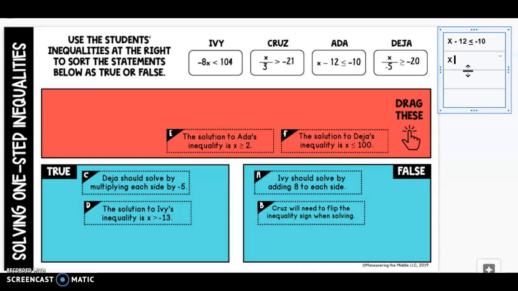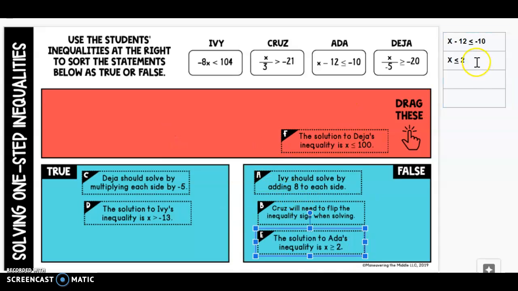So I have x is less than or equal to -10 plus 12 is 2. I am not flipping my sign because I'm not multiplying or dividing my variable by a negative number. I'm actually just subtracting 12. So my answer is x is less than or equal to 2. So they say the solution is x is greater than or equal to 2. That is incorrect. Okay, so let's go ahead and erase that.